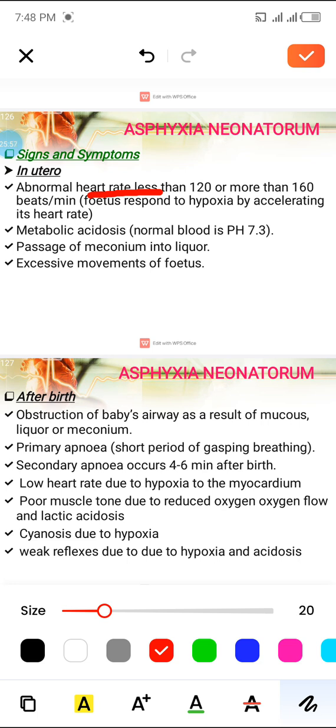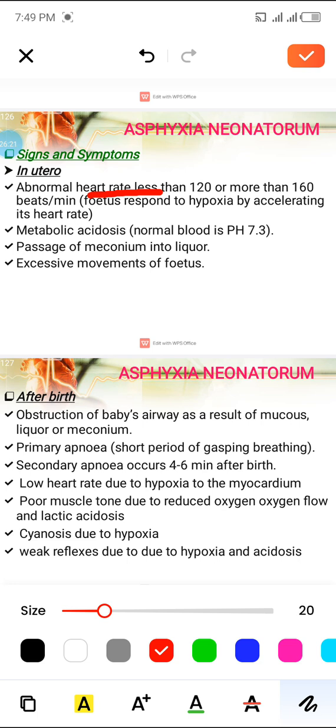In a fetus or a newborn baby, a heart rate of less than 120 is not okay. Even a heart rate of less than 100, say 90 beats per minute, means you need to resuscitate, or maybe 60 beats per minute. It's not good for this infant.